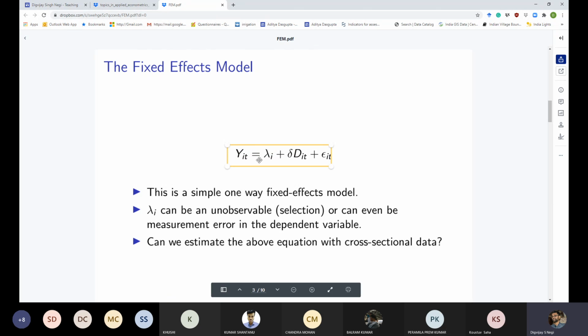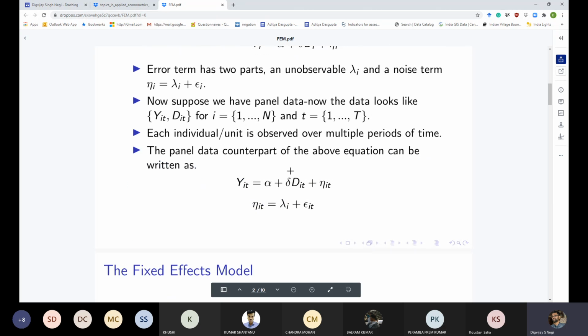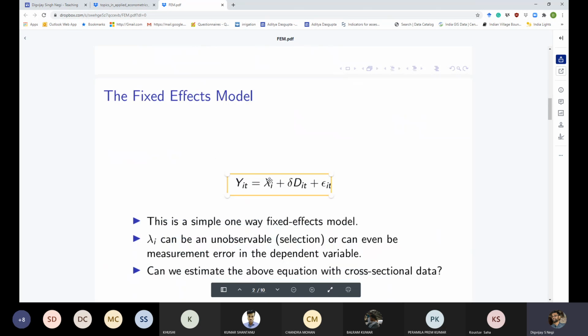By substituting it, you can write this equation like this. This becomes the intercept, but this intercept is now different for different individuals. So this model is also called the one-way fixed effects model, because these are called fixed effects, and these vary only one way, only across individuals. They don't vary over time.